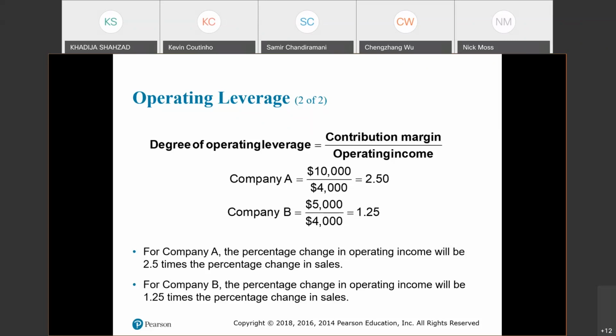So at the sales level of 500 units, both company A and company B have the same operating income. And well, let's assume that the fixed cost is different for each company.